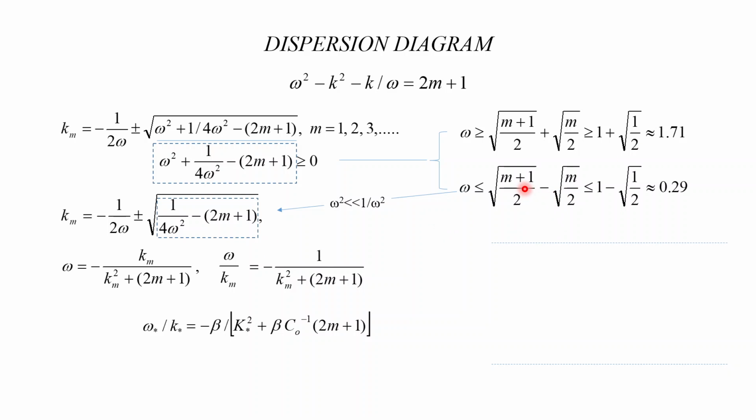So we can start. In this lecture, we discuss the low frequency solutions. For the low frequency, omega will be smaller than 0.29, so omega squared must be much smaller than the inverse of omega squared. So you can drop the omega squared, and the dispersion relation can be approximated by square root of 1 over 4 omega squared minus 2m plus 1.